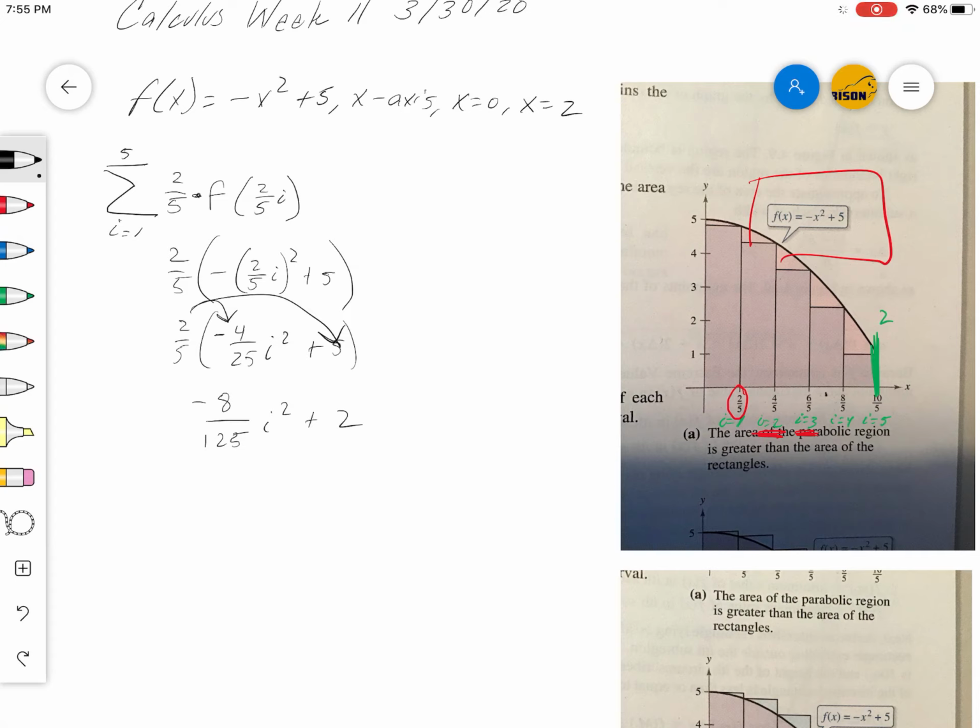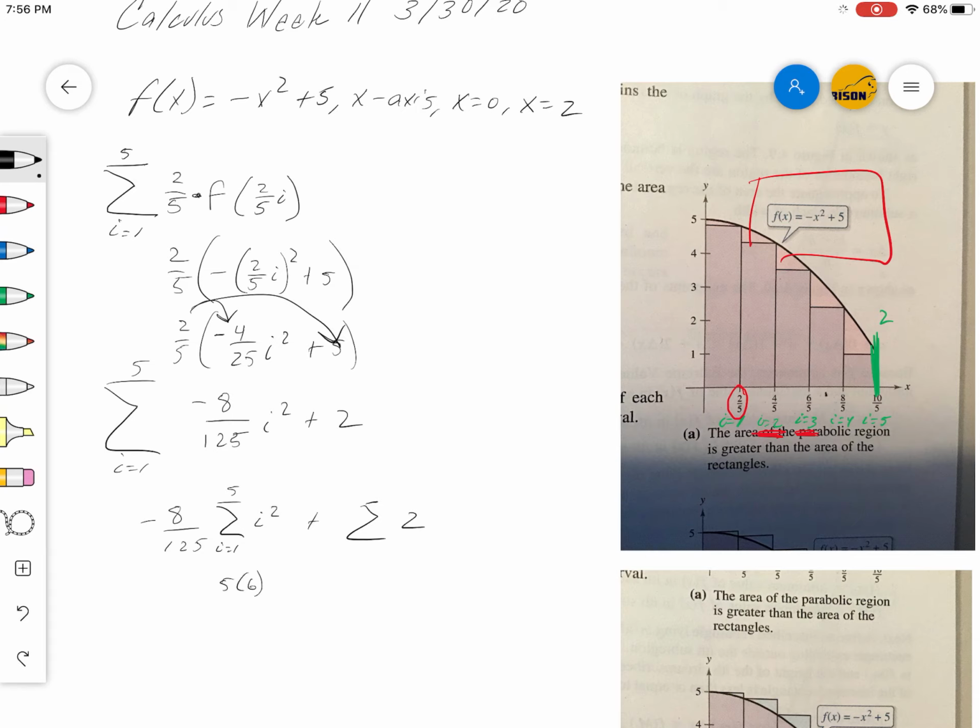Now I'm ready to take my summation. I'm starting at 1 and going all the way to 5. Remember, last week we can break these up. The negative 8 over 125 can go out front, and then we've got the summation of i squared plus the summation of 2, going from 1 to 5. For i squared, the formula is n times n plus 1 times 2n plus 1, all over 6.